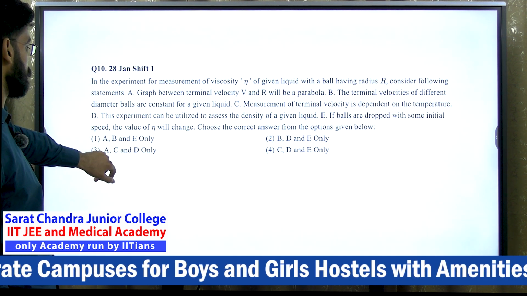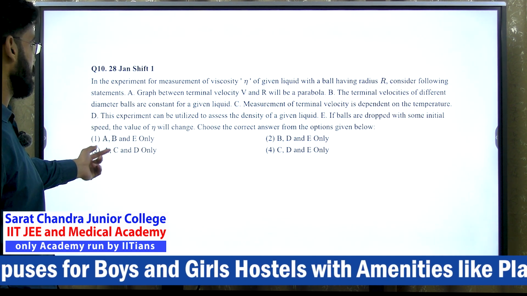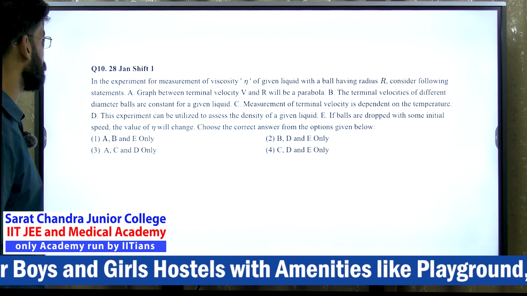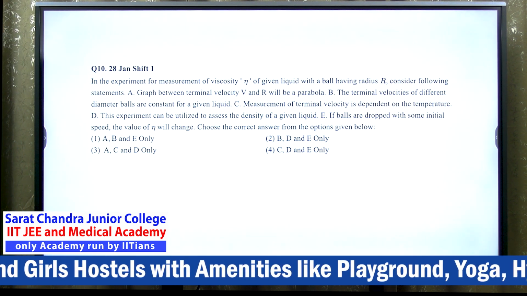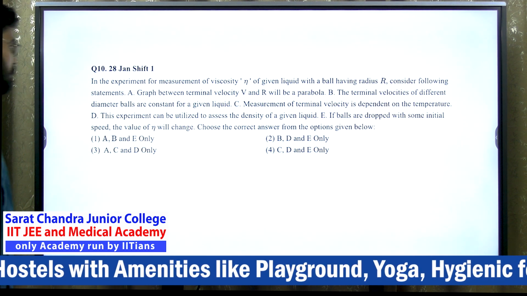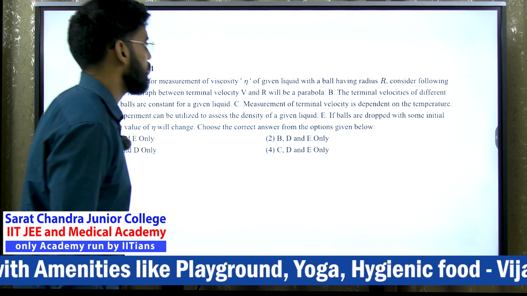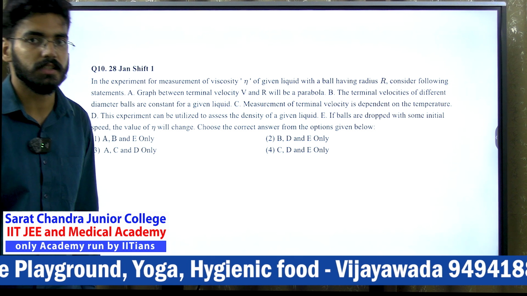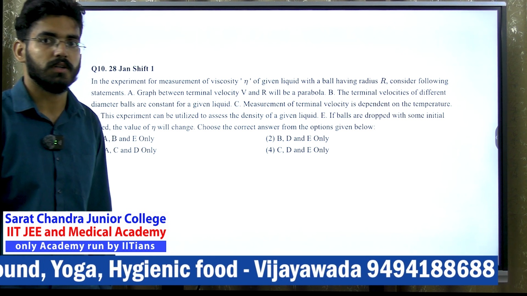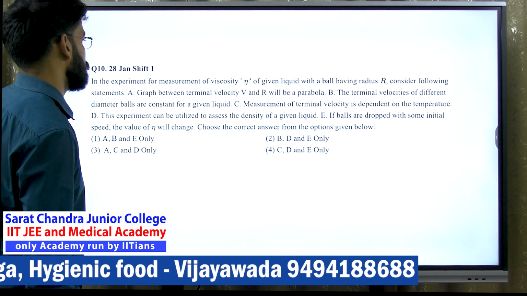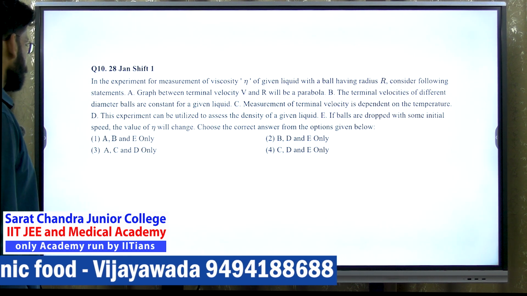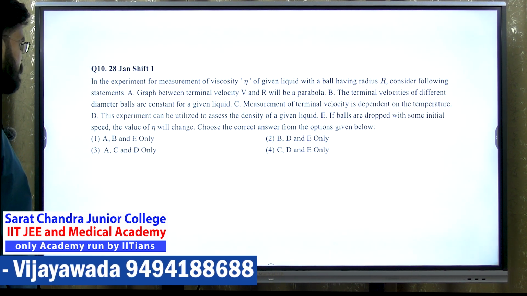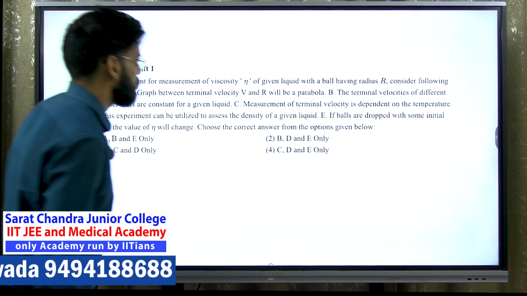And A is correct. So A is correct and B is wrong, means third option. So I can say the 10th answer is the third option directly. But still let's see C. Measurement of terminal velocity is dependent upon the temperature. Yes, because terminal velocity is dependent upon viscosity and viscosity is dependent upon temperature, right? Now see D. We can say this experiment can be utilized to assess the density of the given liquid.